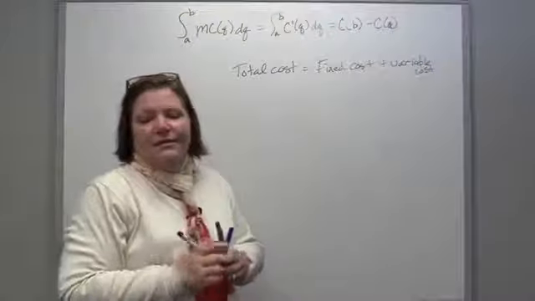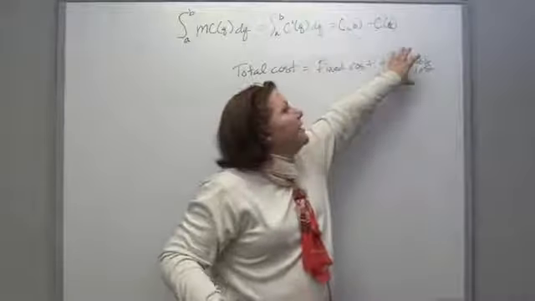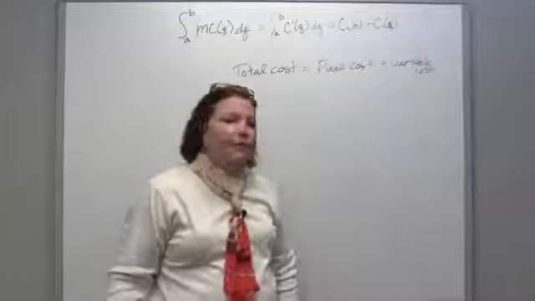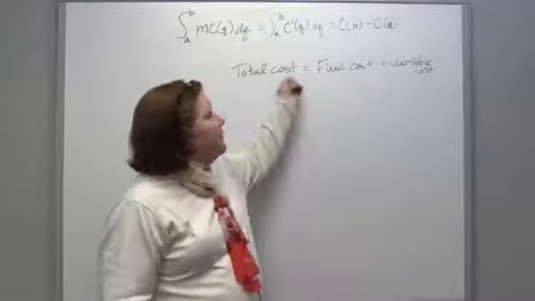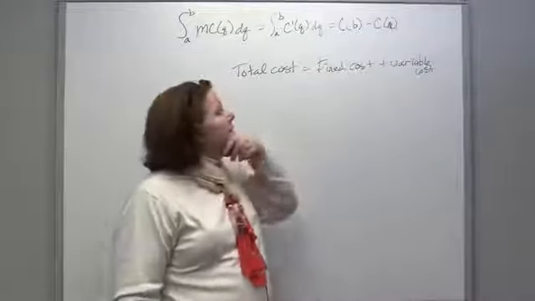And when cost is linear, the fixed cost ends up being our y-intercept, and variable cost is the term that deals with our slope. Because when we're dealing with linear, slope ends up being a marginal cost.